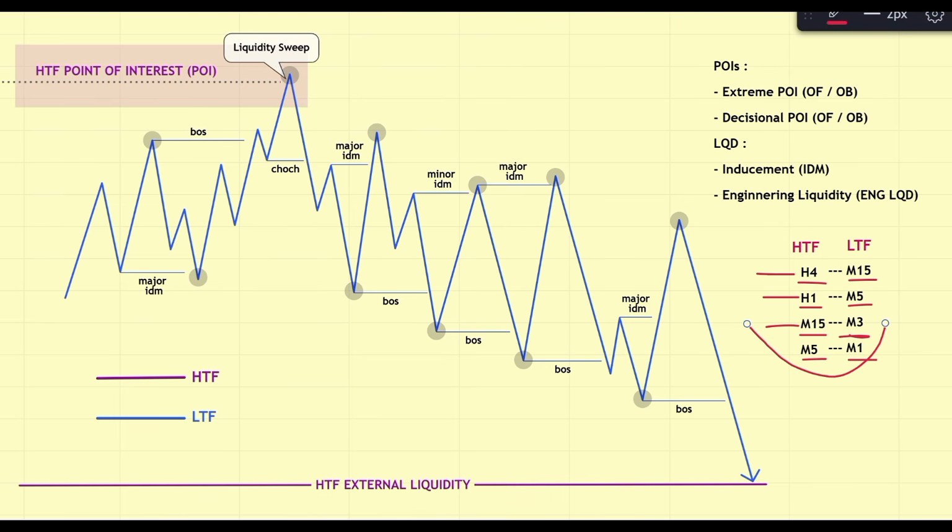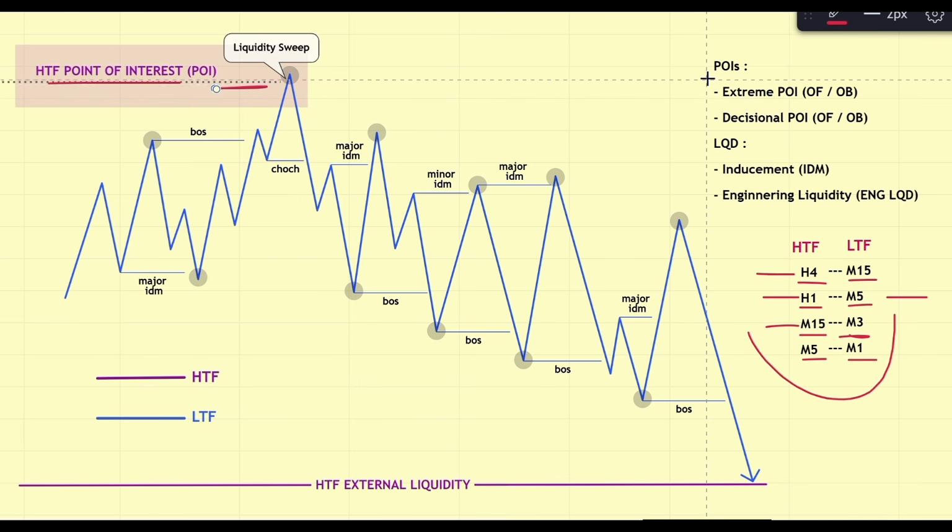Now diving into our diagram, we can clearly see this here is the higher time frame point of interest. By a point of interest, as true SMC traders, we know it's either an order flow or an order block. You can also see this dotted line, which I have represented as a liquidity level, and we all know our liquidity levels, that is the inducement and the engineering liquidity.